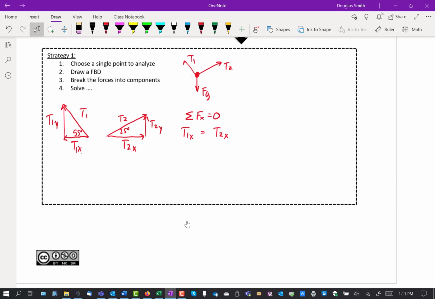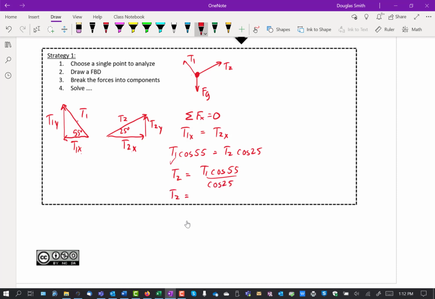So T1x is T1 times cos 55, and that's equal to T2 cos 25. I know T1, I'm told that, and I can solve the cosines. So I'm going to solve for T2. T2 is T1 cos 55 divided by cos 25.